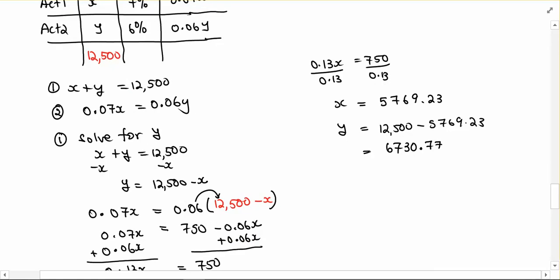So at 7%, we invested $5,769.23. At 6%, we invested $6,730.77.